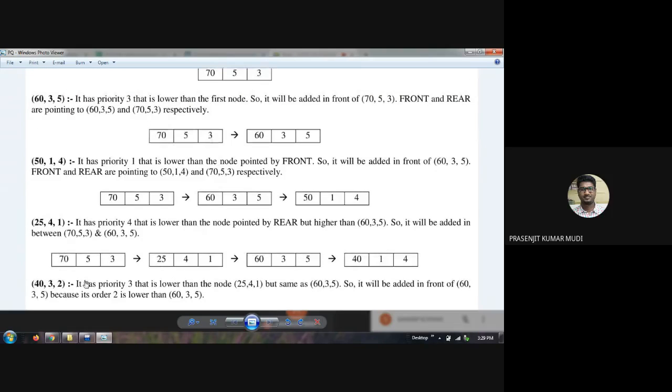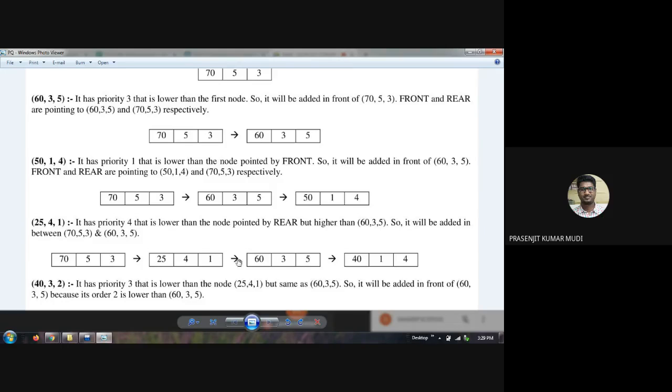Then 43, 3, 2. It has a priority 3 which is equal to the priority of this element. So this is one case where priorities are the same. It has priority 3 that is lower than 25, 4, 1, but same as 60, 3, 5.